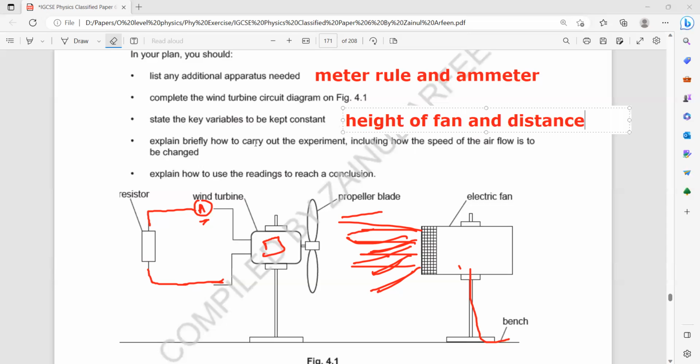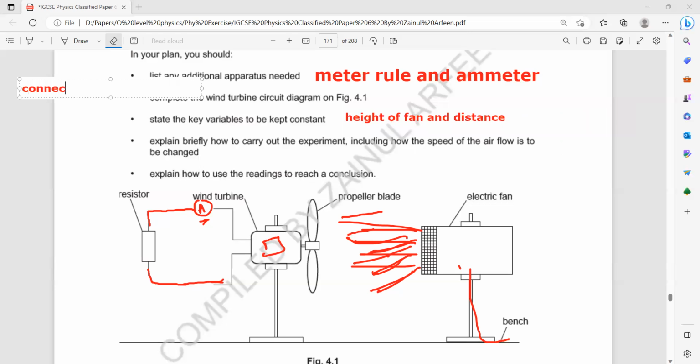Explain how you would carry out this investigation. So how will we do this experiment? We will connect an ammeter to the turbine. Then we will switch on the fan.